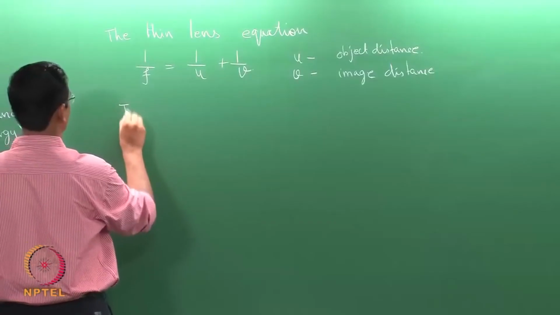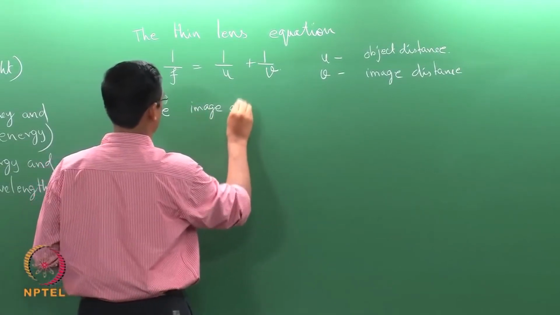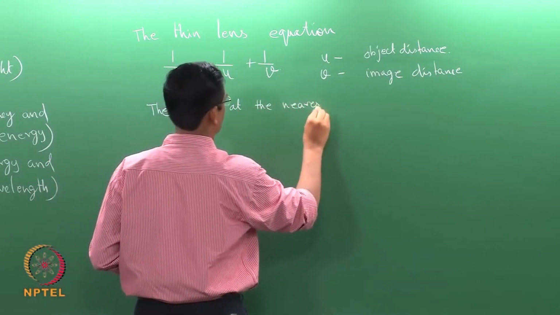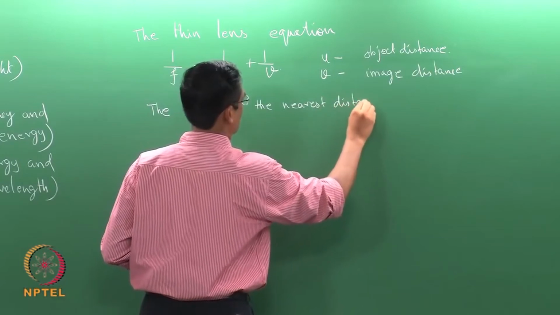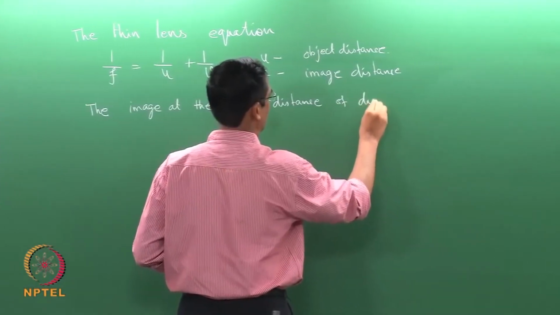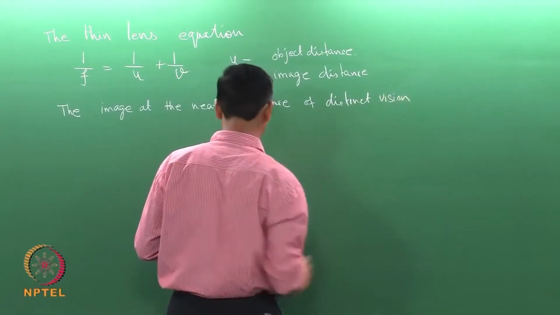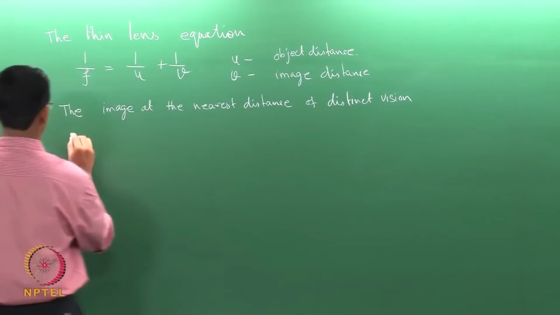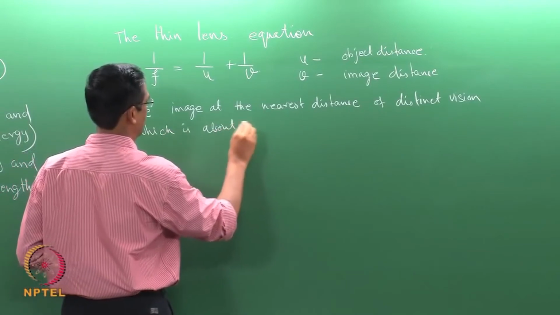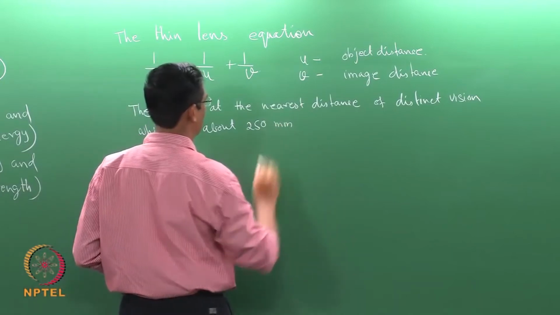So, we should also know the image at the nearest distance of distinct vision, which is about 250 mm or 25 centimeter.